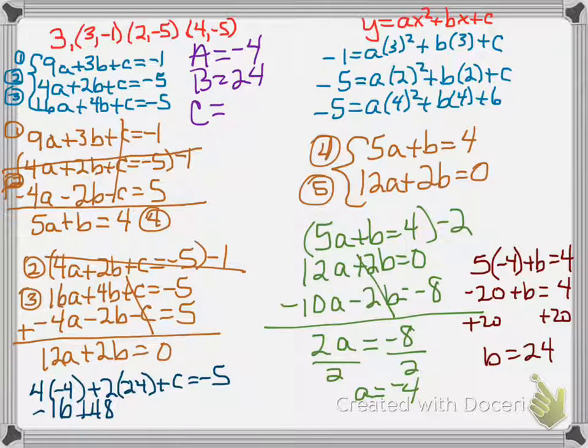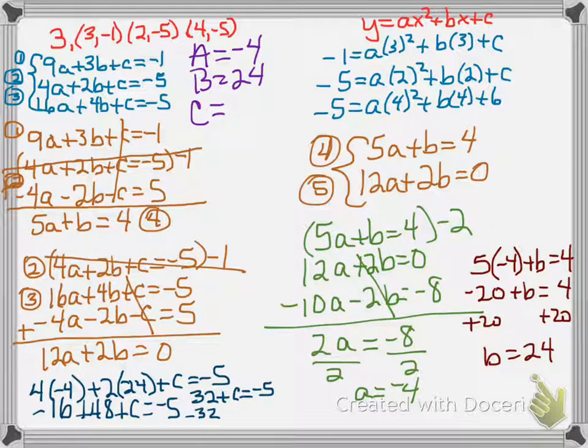Okay? And then I have c that we're trying to figure out, equals -5. Now, -16 plus 48 is 32, plus c is -5.